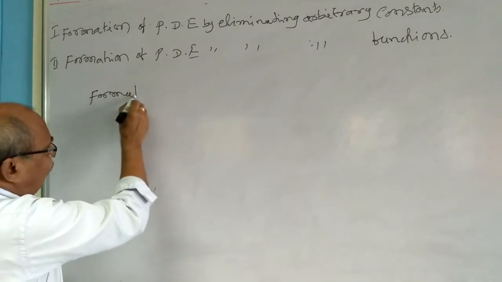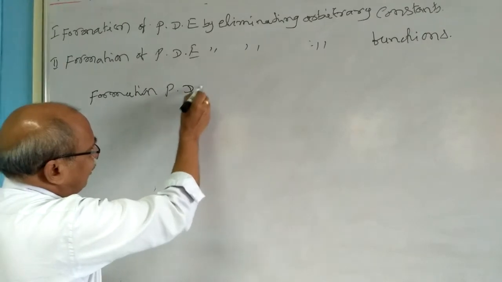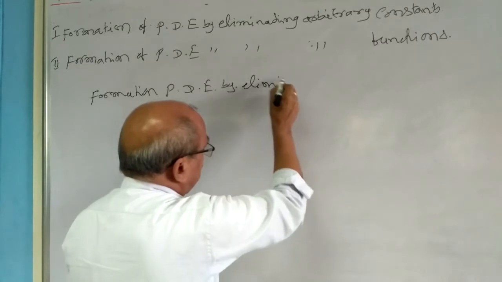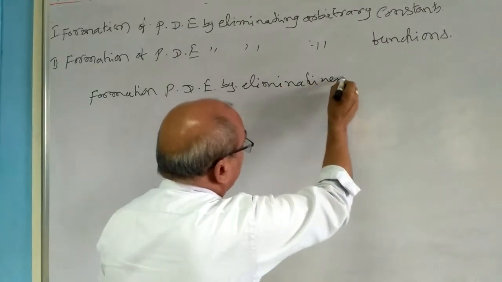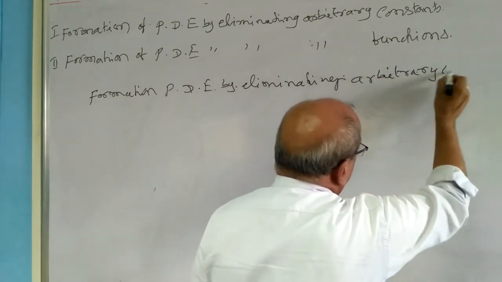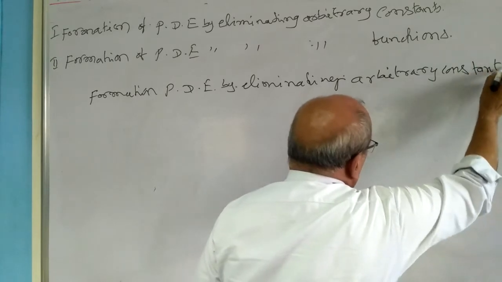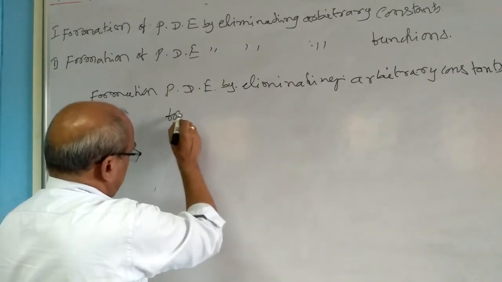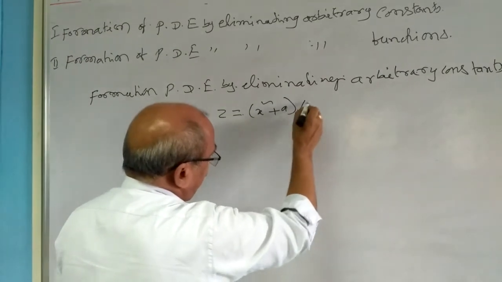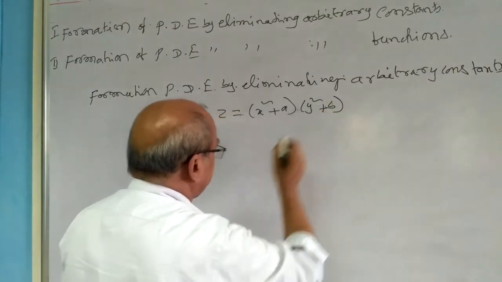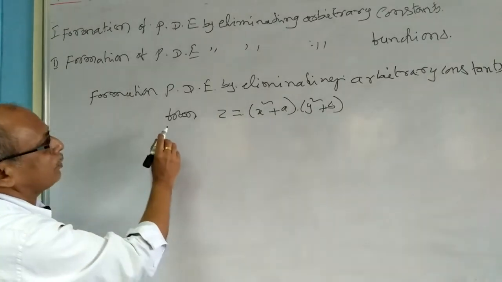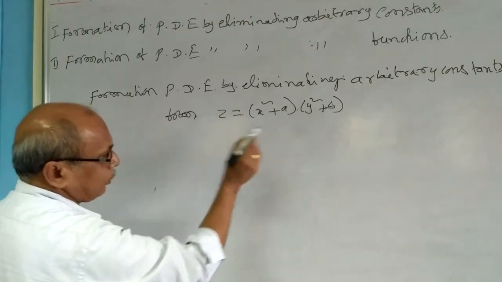Formation of partial differential equation by eliminating arbitrary constants from z = (x² + a)(y² + b).